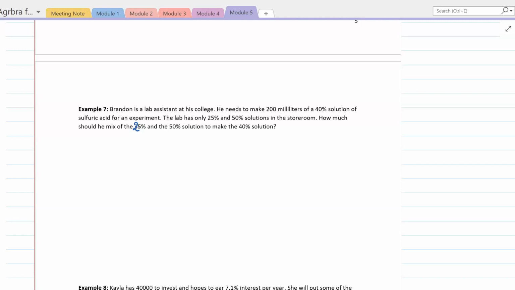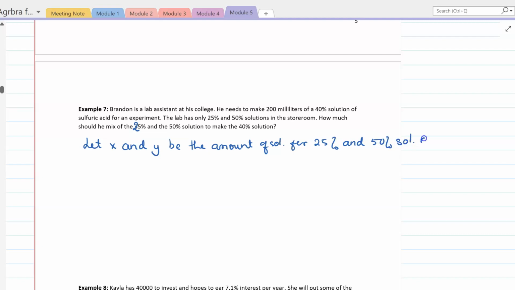Now, we don't know how much that he needs. We want to find how much that he needs, but we don't know yet. So we go ahead and let x and y be the amount of solution for the 25% and 50% solution respectively.